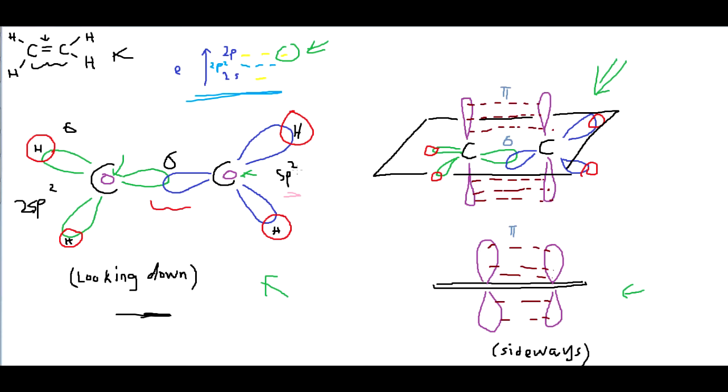Now let's kind of backpedal. When I say we have a double bond, that means we have two bonds between the atoms, which seems kind of unnecessary to explain. But see here, we can only have one sigma bond between the two atoms.